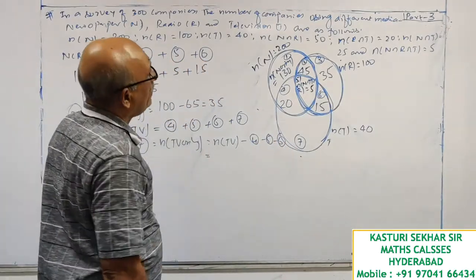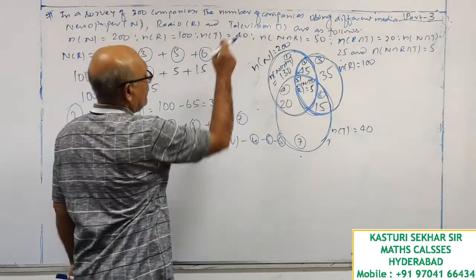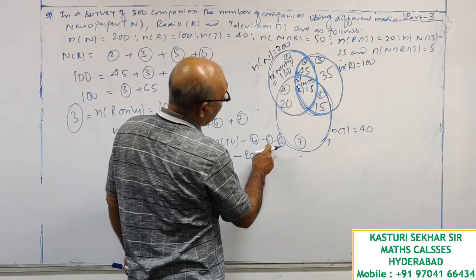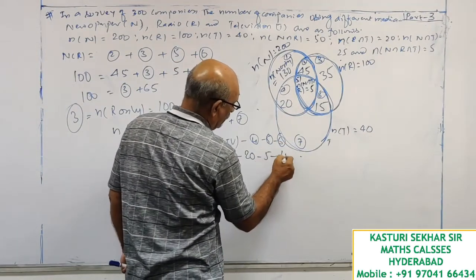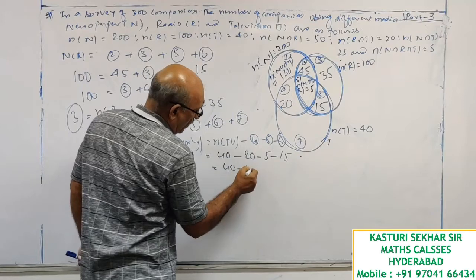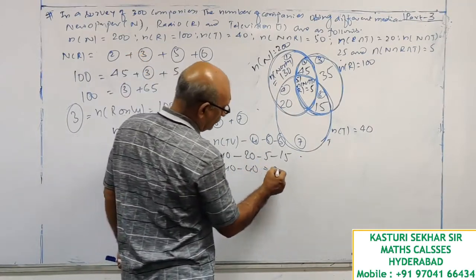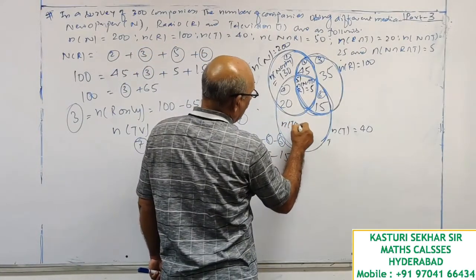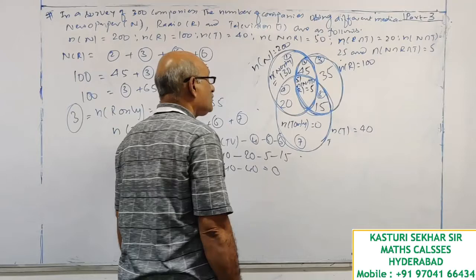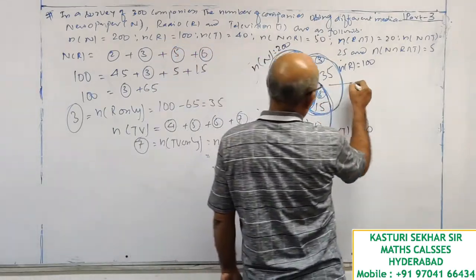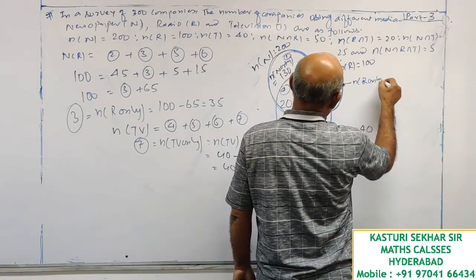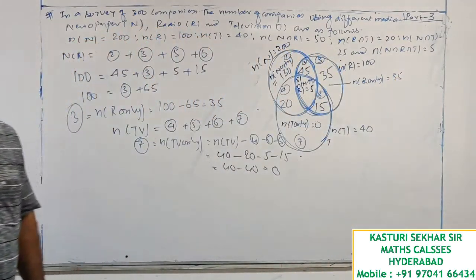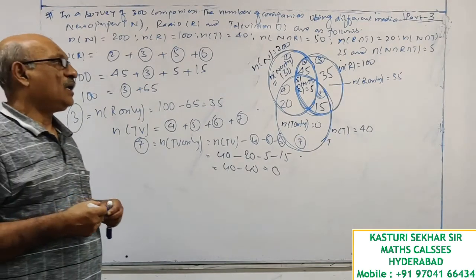N of TV, television, is given as 40. 4 is equal to 20, 5 is equal to 5, 6 is equal to 15. 40 minus 40 is 0. So n of TV only is 0. So all parts are calculated.